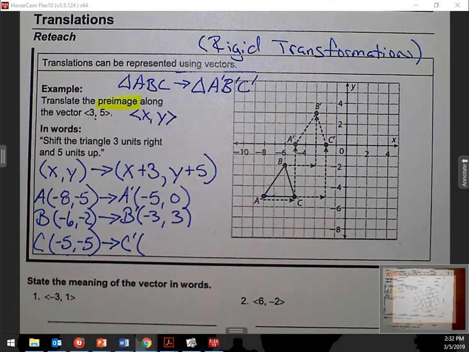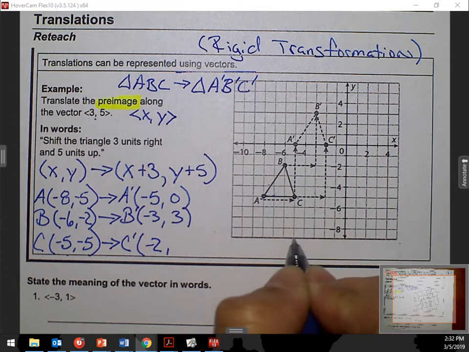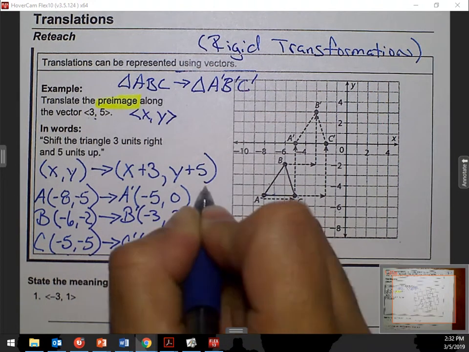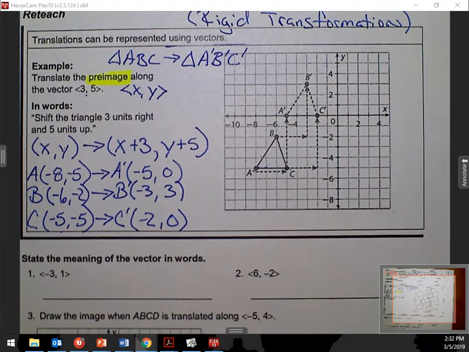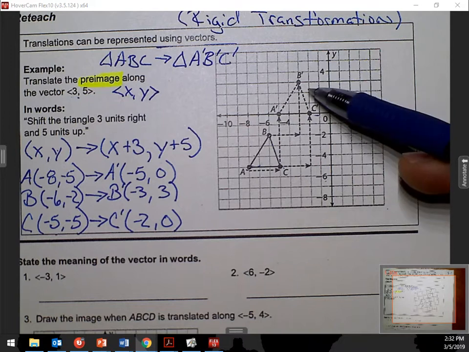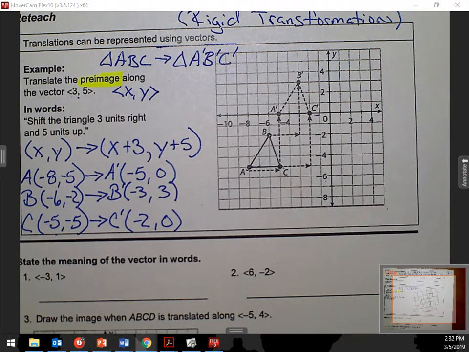So I'm going to come up with negative 2 and 0. Negative 5 plus 5 is 0. So I can verify that my coordinates are where they're supposed to be. I did the math on it here and verified the coordinates. Very easy, right? Okay, good.